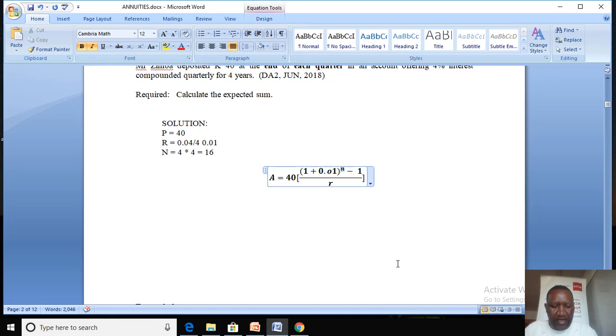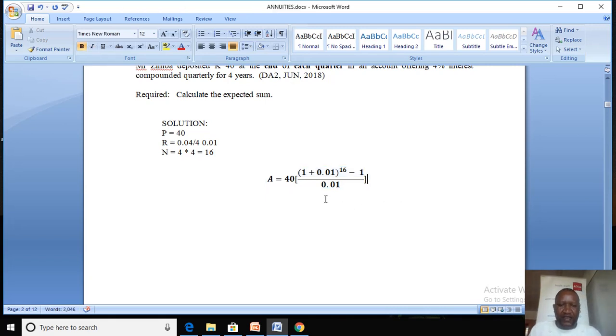Our N is 16. We have 16 periods. Those are the figures or variables that we've been given in the question.